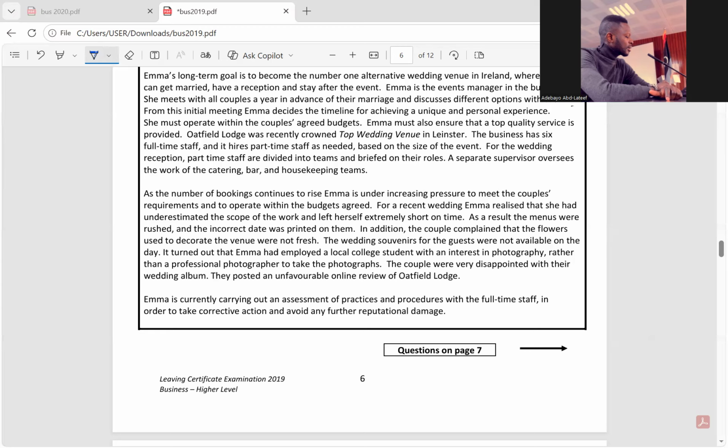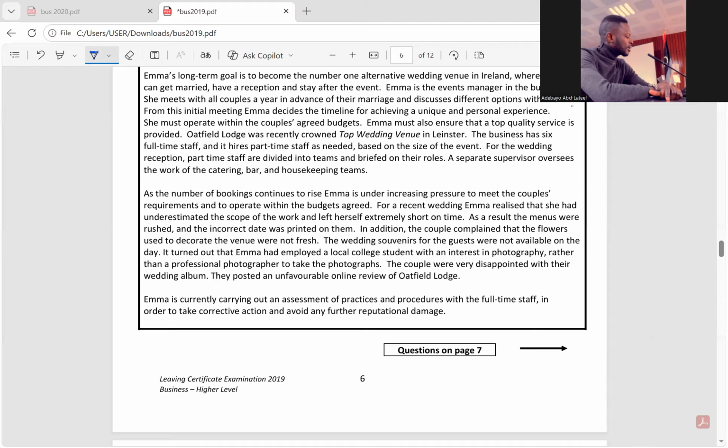They posted an unfavorable online review of Oatfield Lodge. Emma is currently carrying out an assessment of practices and procedures with the full-time staff in order to take corrective actions and avoid any further reputational damage. So that is the case of Emma, who is more of an entrepreneur.